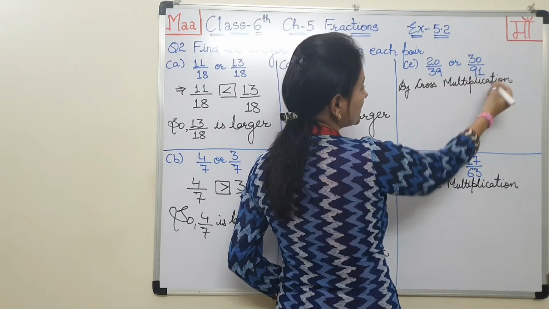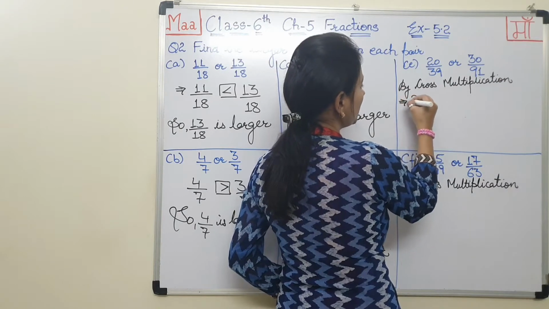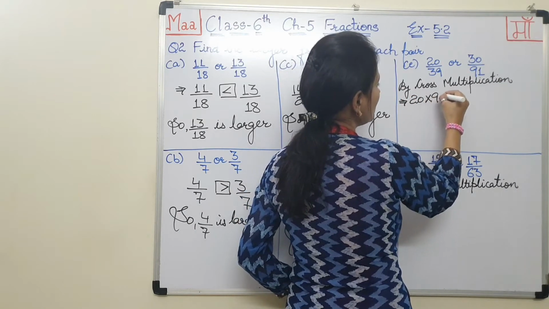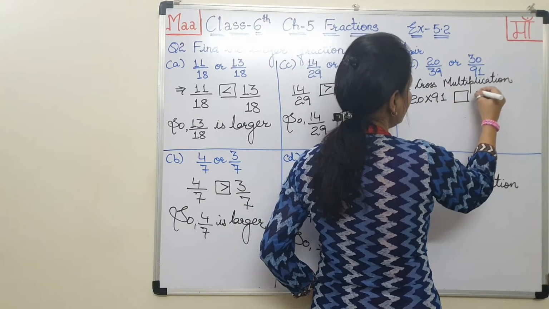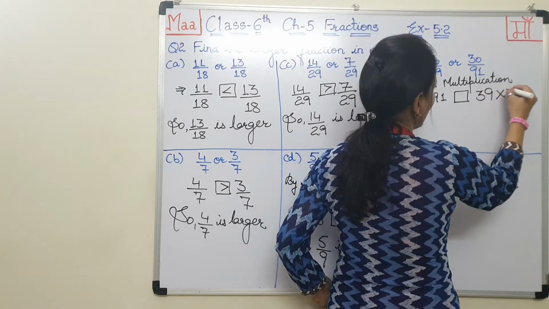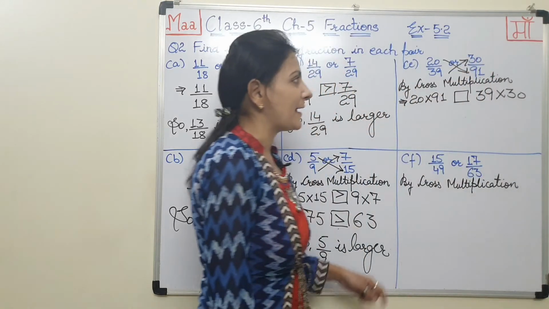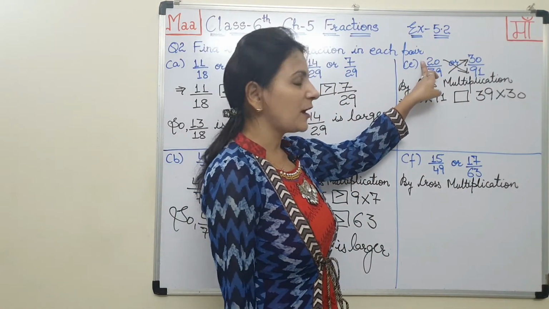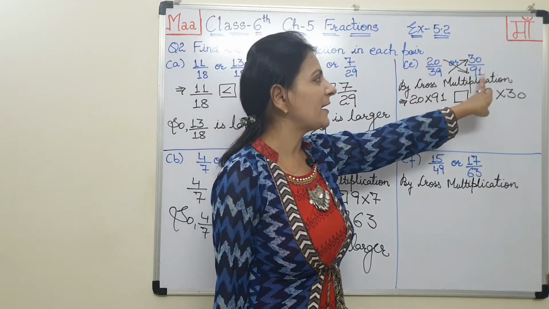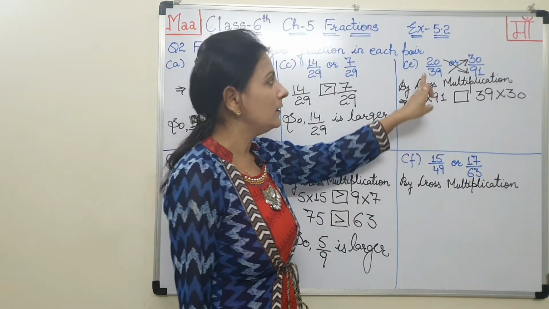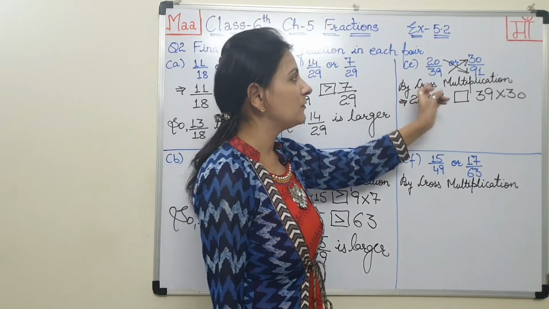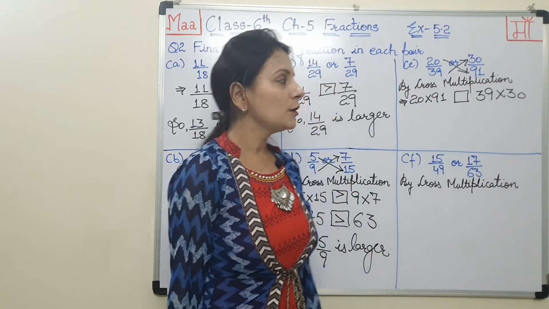Again the denominators are different, so we will follow the method of cross multiplication. 20 will be multiplied by 91 and 39 will be multiplied by 30. This is the way of multiplying, cross multiply. So first fraction numerator will be multiplied by second fraction's denominator, and first fraction's denominator will be multiplied by second fraction's numerator.